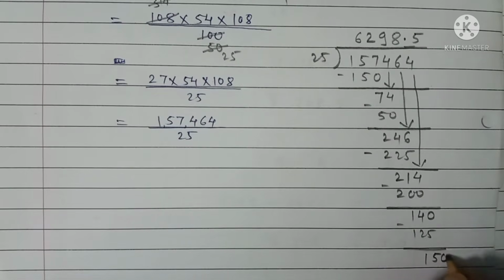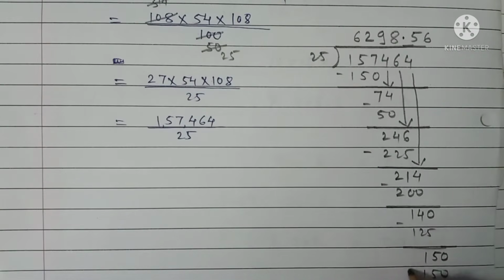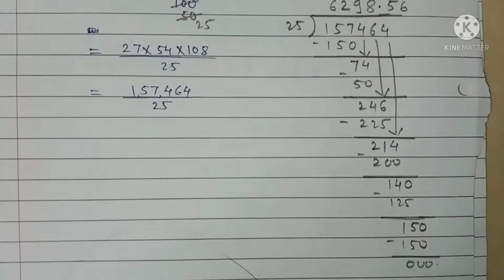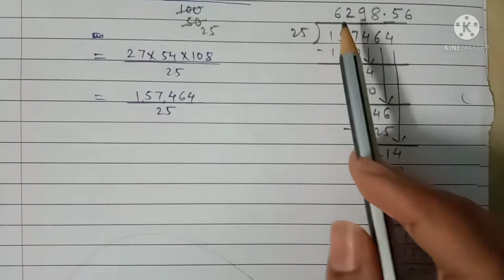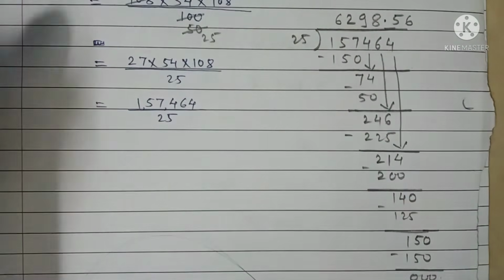Again 150. 25 6s are 150. 0 0 0, means your answer is 6298.56.